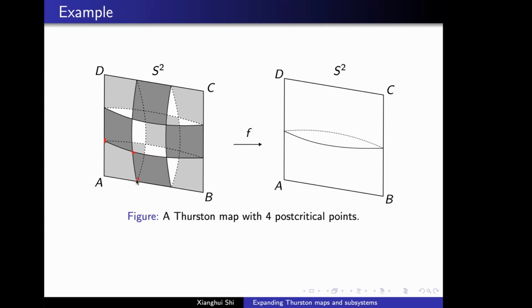For example, this point. It's easy to see that A, B, C, D are post-critical points, since each critical point is mapped to one of them. And in this case, the set of critical points is disjoint from the post-critical set.